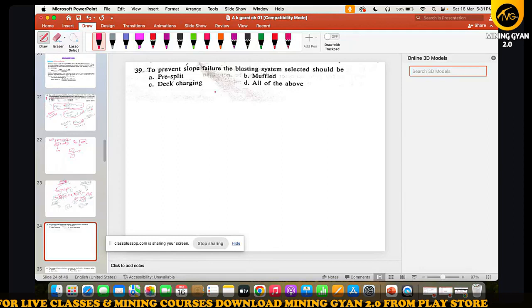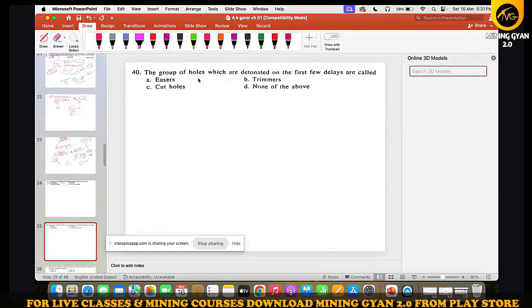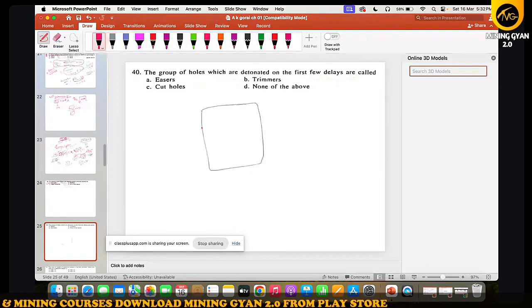स्लोप फेलियर के लिए ब्लास्टिंग सिस्टम कौन सा सेलेक्ट किया जाता है. It should be pre-split. Okay. The group of holes which are detonated on the first few delays are called... I explained to you, if this is your face and this is your hole, cut hole.